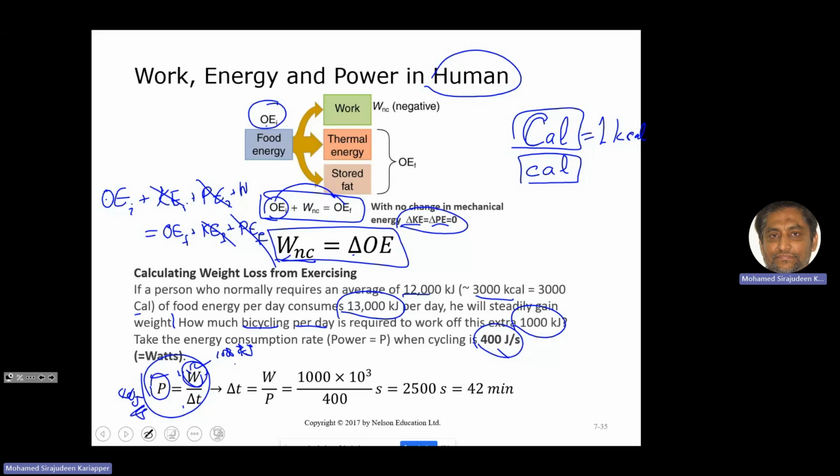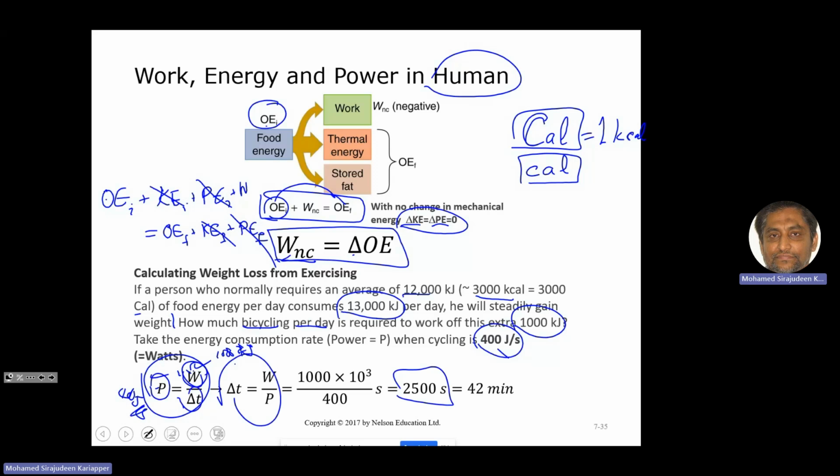The work you need to do is 1000 kilojoule. Substitute, make sure everything is in SI unit. Is kilojoule SI unit? No. So you have to multiply it by 1000. So 1000 into 1000 is 1 million joule. And joule per second is SI unit. Then you calculate delta T. When you do that, you get delta T to be 2500 second.